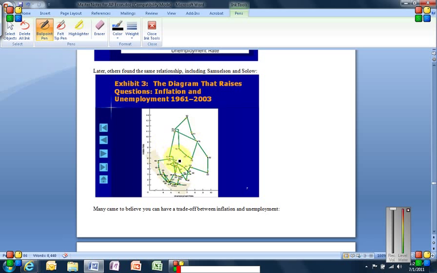Just for a couple of years in the early 70s, and then boom, 1974. Prices skyrocket, unemployment is still greater, it settles there very briefly, and then we have a shift back.